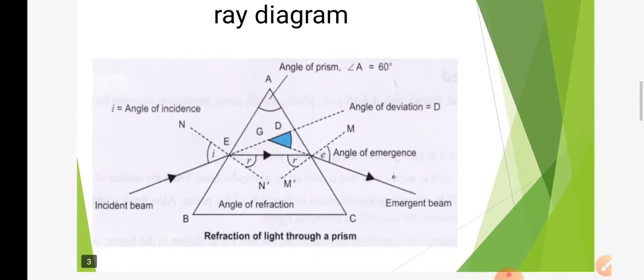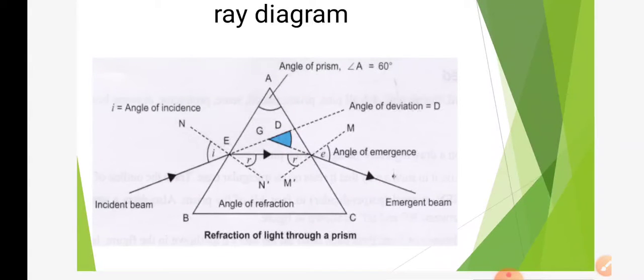Now what is the ray diagram of the prism? You already learned in the theory that a prism is an optical medium. It has 2 triangular surfaces and 3 rectangular surfaces. These 3 rectangular surfaces are also called lateral surfaces.